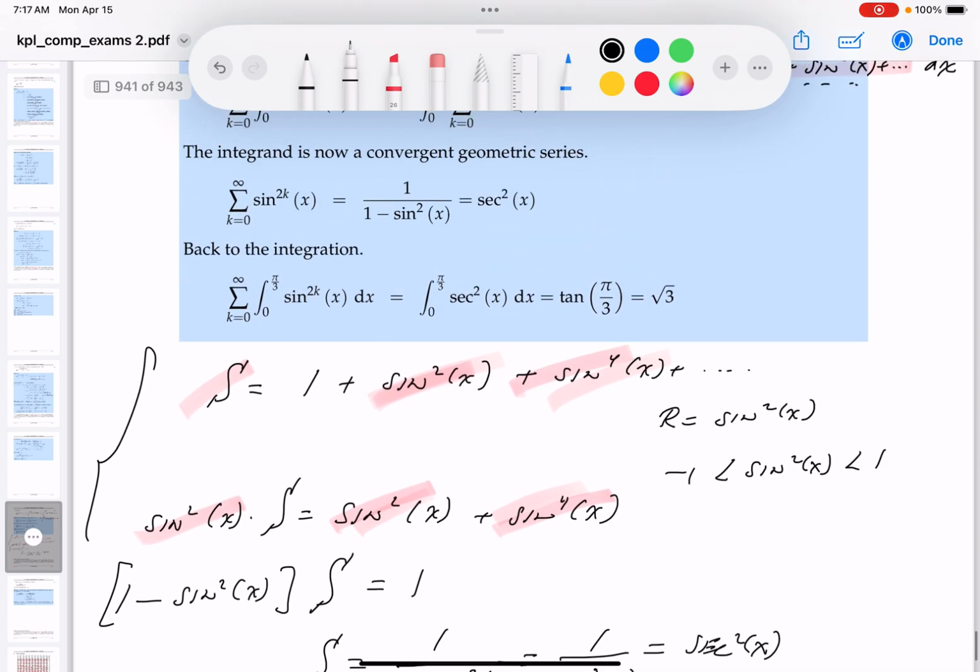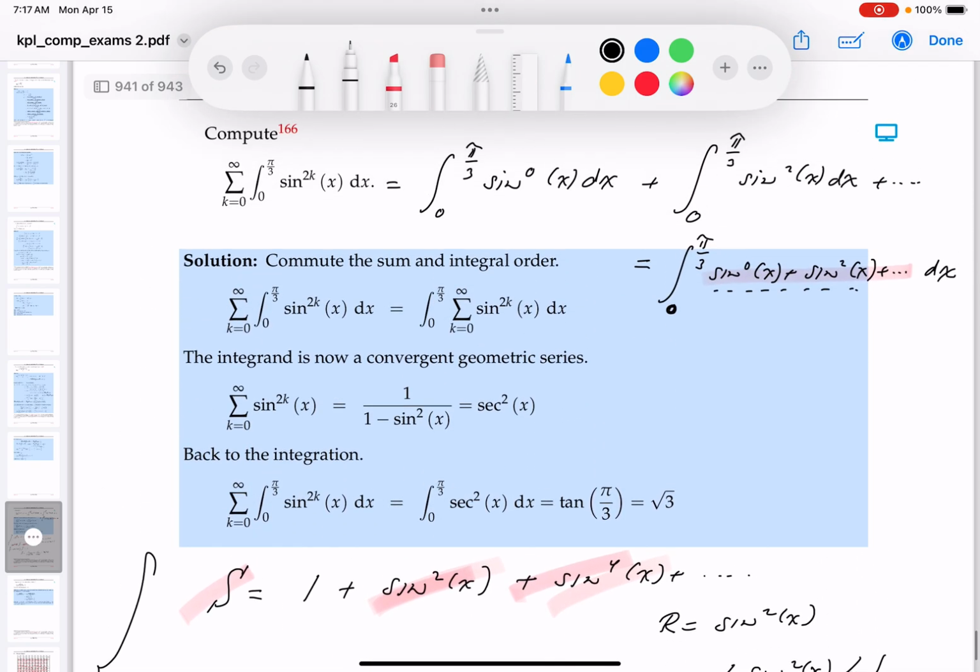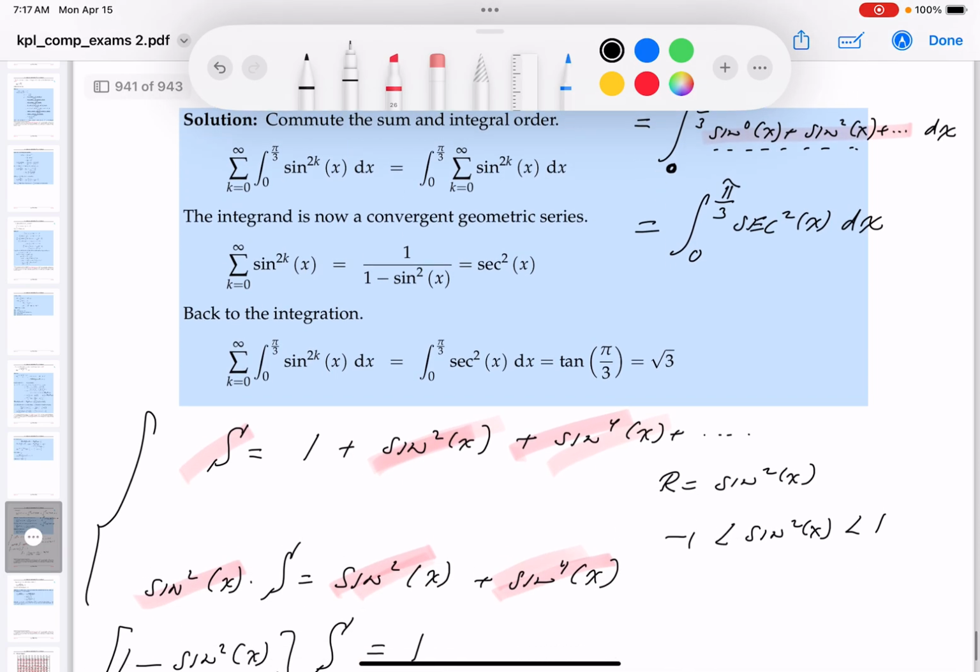All right, so what I just accomplished is rewriting this thing as the integral from 0 to pi over 3 of secant squared x dx. Do I know that guy's antiderivative? I do. It's tangent. So I get the tangent of x, going from 0 to pi over 3.